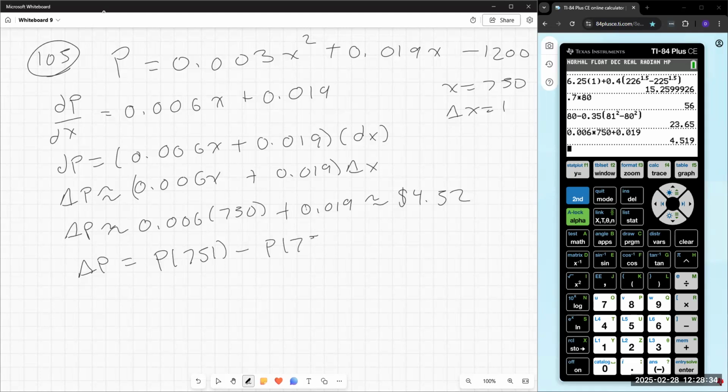Delta P is exactly P of 751 minus P of 750, which will be 0.003 times 751 squared minus 750 squared plus 0.019 times 1.